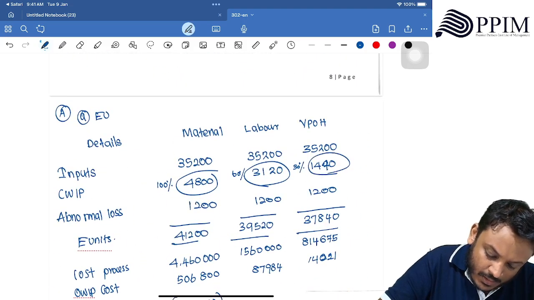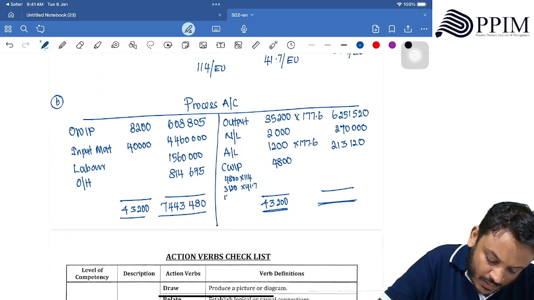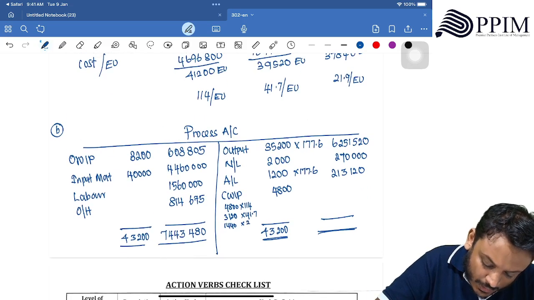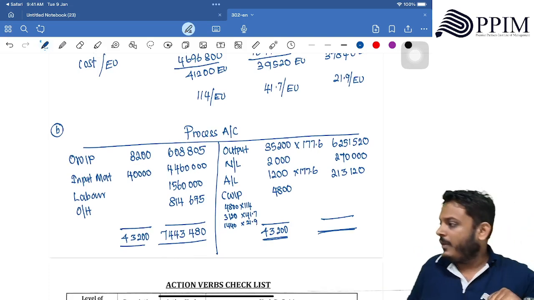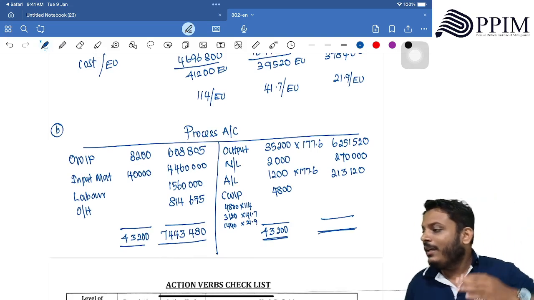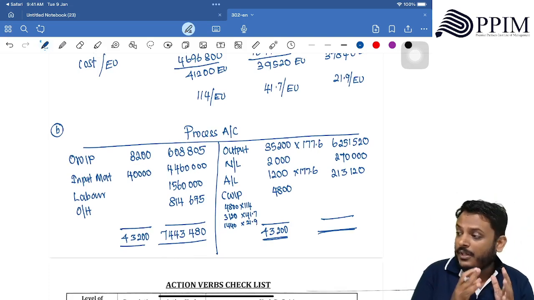Third one, 1,440 multiplied by 21.9. Right, because closing work in progress is not 100% completed.